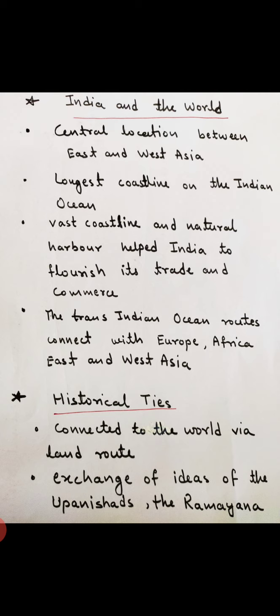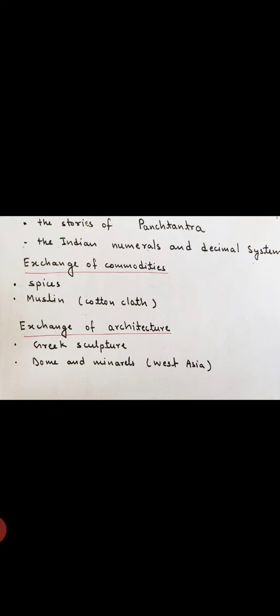Through these land routes, India exchanged the ideas of the Upanishads, Ramayana, the stories of the Panchatantra, the Indian numerals and decimal system. It also exchanged commodities like spices and muslins.